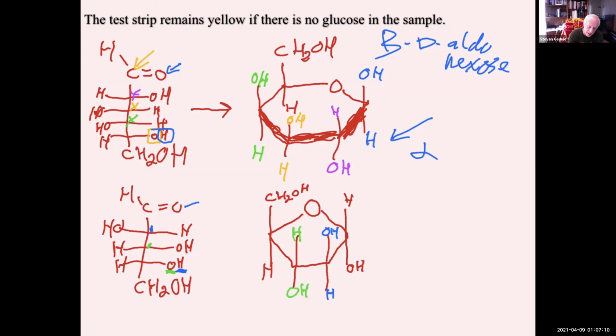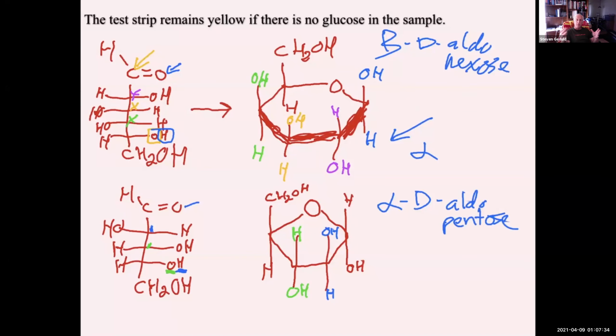And this is an alpha-D, and it is a pentose. So alpha-D-aldopentose, because the aldehyde group is on the top.